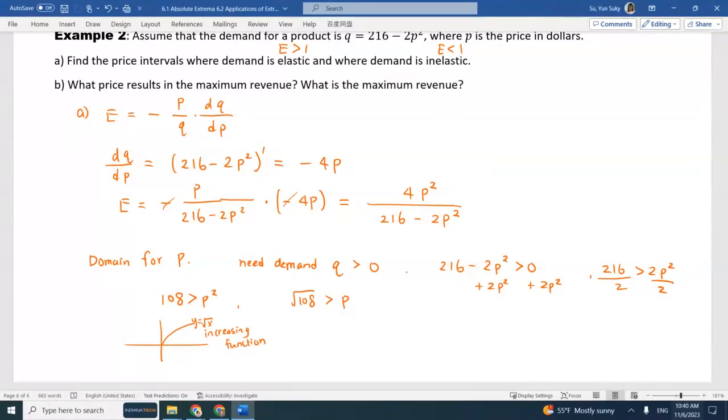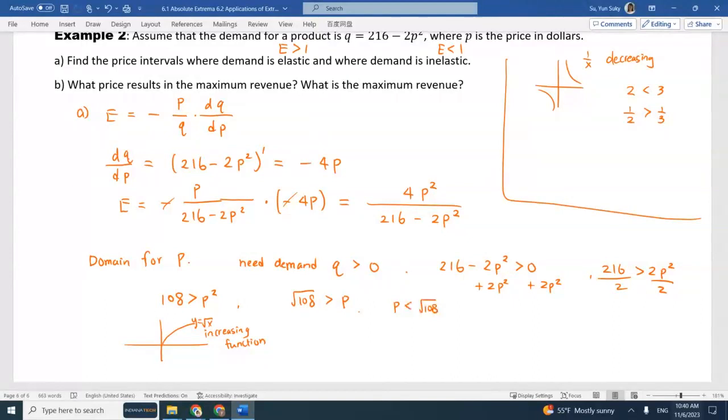Okay, everybody? But what is a decreasing function? Well, for example, this is outside of this problem. You know, 1 over x is a decreasing function, right, everybody? So therefore, if you have 2 less than 3, and you apply 1 over x to it, your inequality will be flipped for a decreasing function. Is that okay, everybody? Okay, therefore here you get p less than square root of 108.